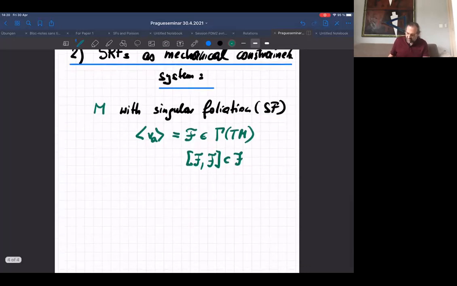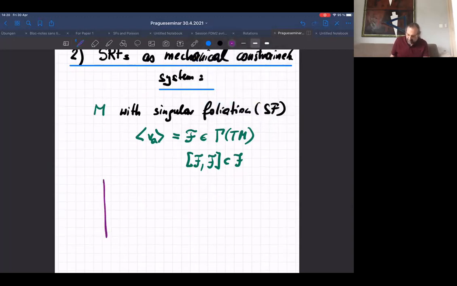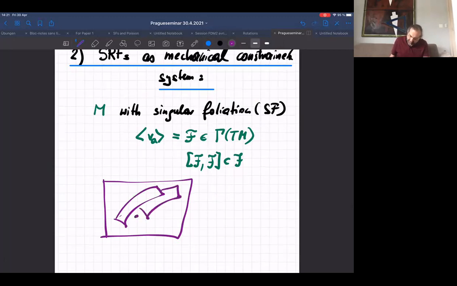So in particular, this implies that the manifold you have is foliated into leaves, which are generated by these vector fields, but they can in general also have different dimensions. So that is the singular foliation in the classical sense, but here it's somewhat more controlled.